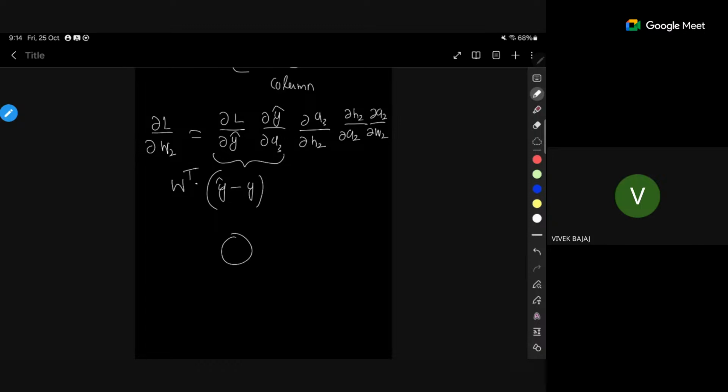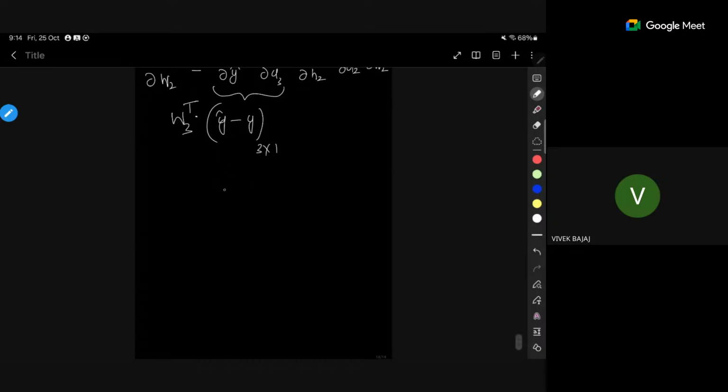One is that multiplication is not possible if you write W3 here, even if you take the transpose, because this is a 3 cross 1 matrix. It has to be 1 cross something, but it's not 1 cross, it's 3 cross something.